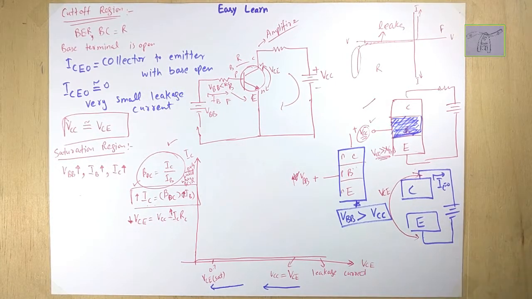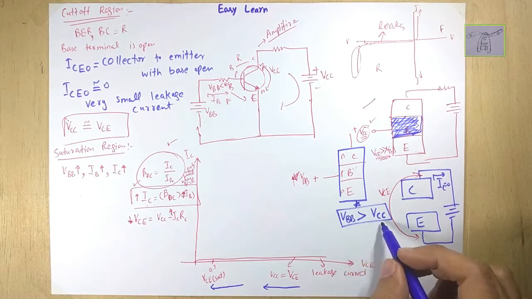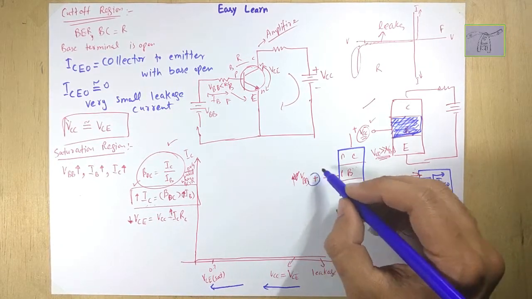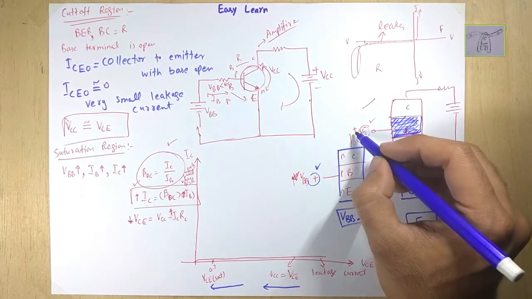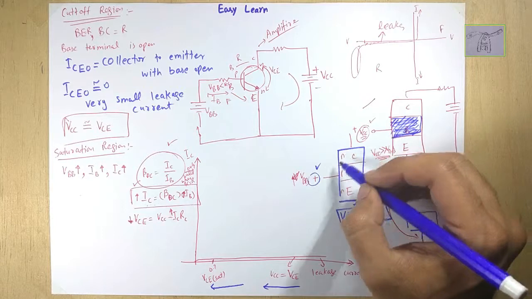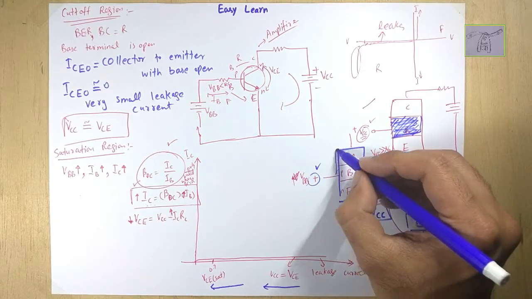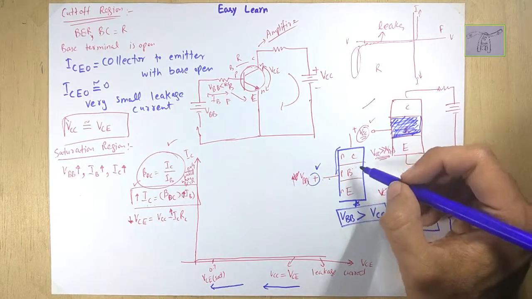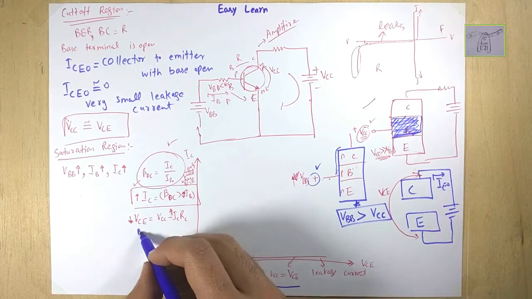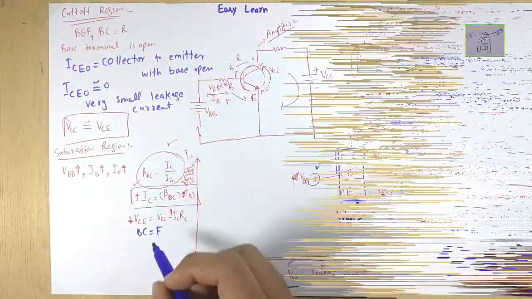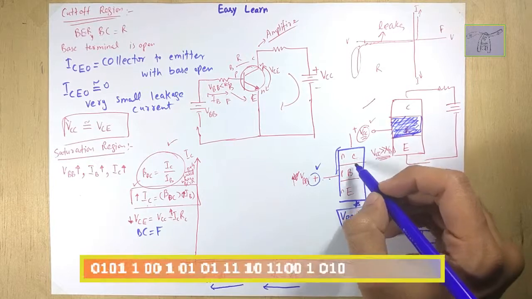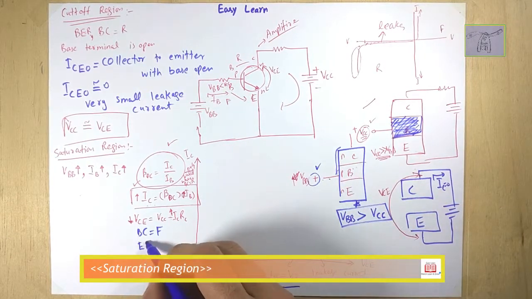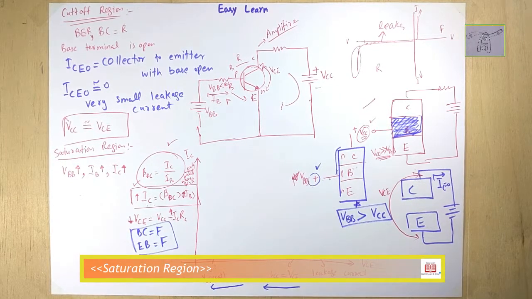When VBB crosses VCC, this positive is greater and has a higher concentration than the other positive, and it will forward bias this PN junction. So the base-collector junction becomes forward biased, and since the base-emitter junction is already forward biased, both are in forward bias state. This state is called the saturation state.